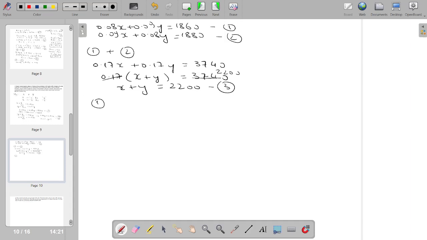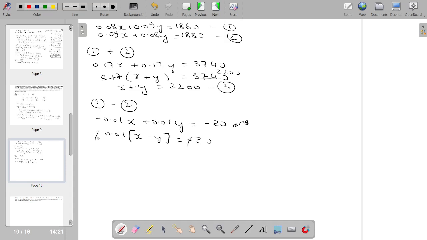Now do 1 minus 2. So 0.01x minus 0.01y is minus 20. Take minus 0.01 common, x minus y is minus 20.